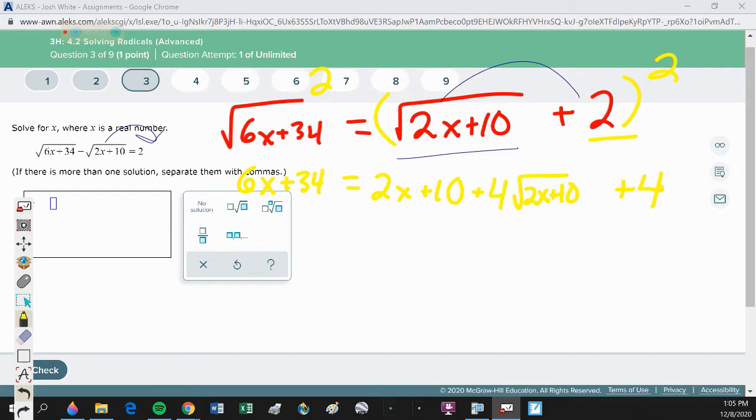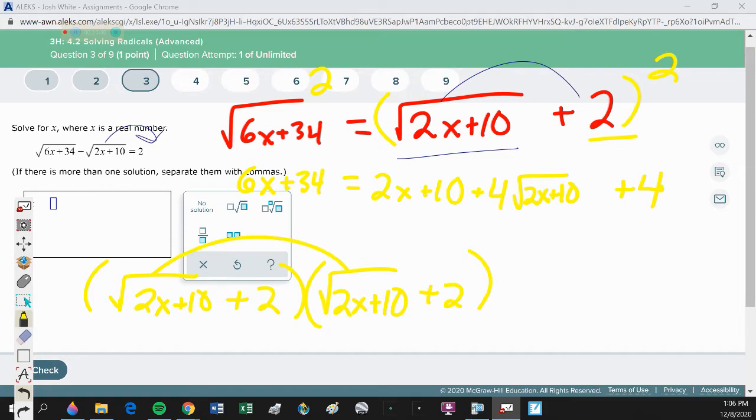Does anybody want to see that multiplied out the long way? Yeah? I heard a yes. Okay, that is 2x plus 10, piece of cake. That is 4.